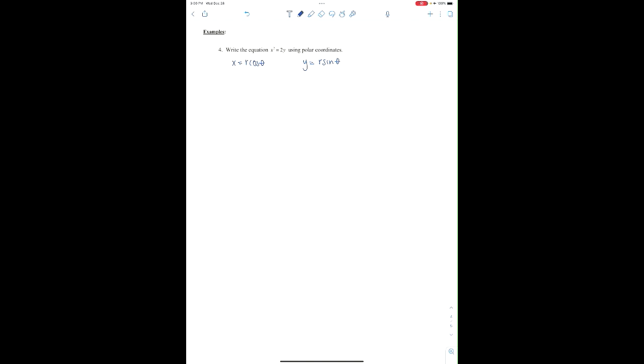If we take our equation, x squared equals 2y, and plug in what we know about x and y, x is r cosine theta. So everywhere I see an x, I'm going to put an r cosine theta. So I have r cosine theta, but it was x squared, so that's going to be squared, equals 2 times y, and y is r sine theta.